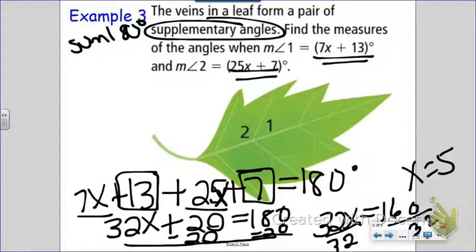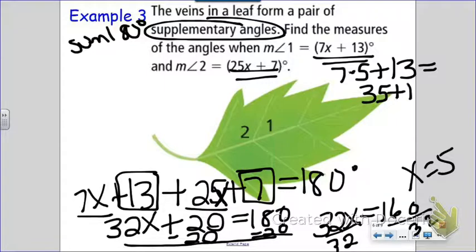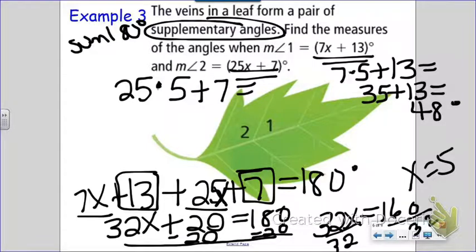We want the measures of the angles. 7 times 5 plus 13 equals 35 plus 13, which equals 48 degrees. 25 times 5 plus 7: 25 times 5 equals 125, plus 7 equals 132 degrees. 132 plus 48 should equal a total of 180.